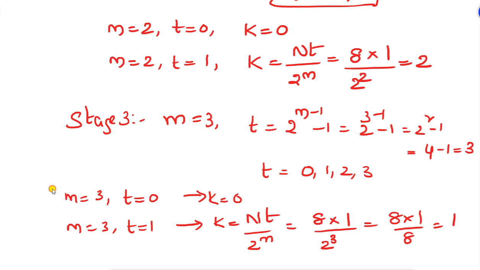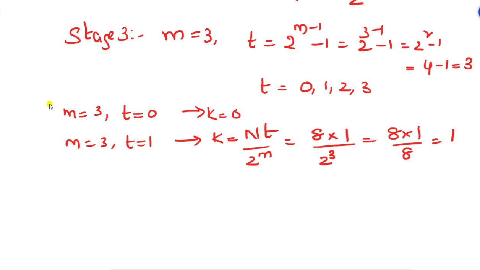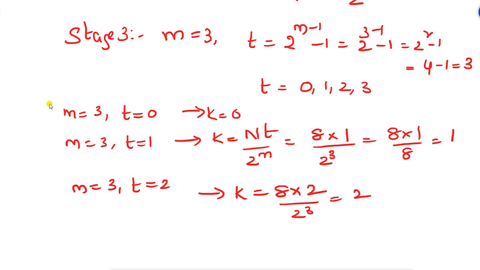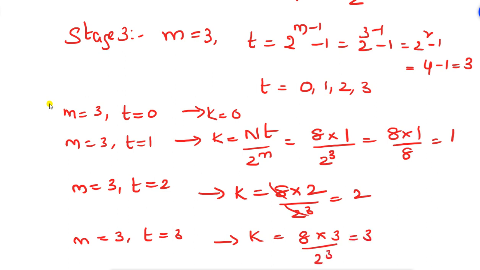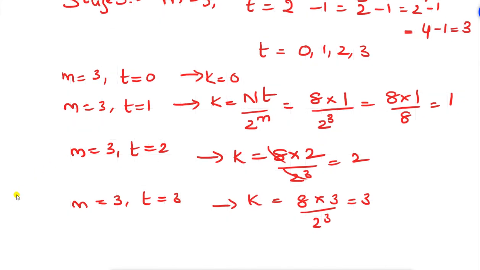Similarly, if m is equal to 3 and t is equal to 2, we obtain the value of k equal to 8 into 2 by 2 cube, that is equal to 2 only. Similarly, if m is equal to 3 and t is equal to 3, the value of k is equal to 8 into 3 by 2 cube, that is equal to 3. So in stage 3 it has 4 k values. Those are k is equal to 0, 1, 2, 3.